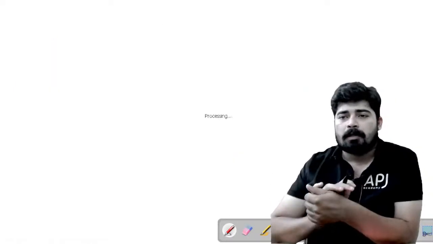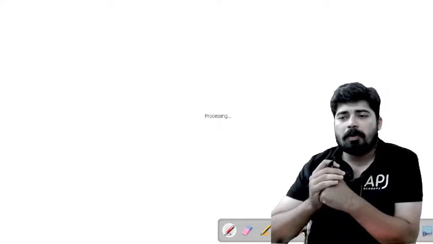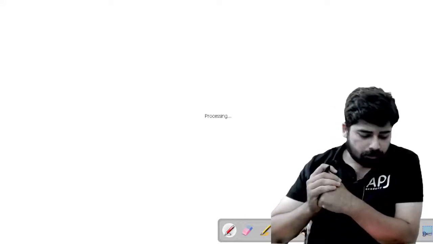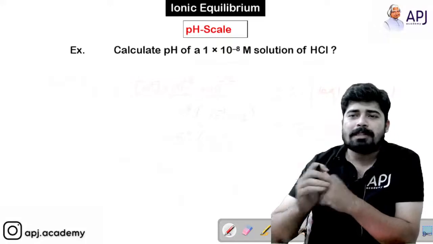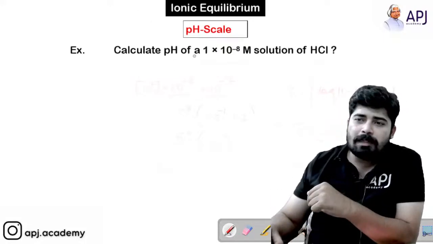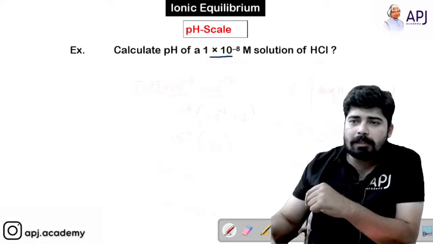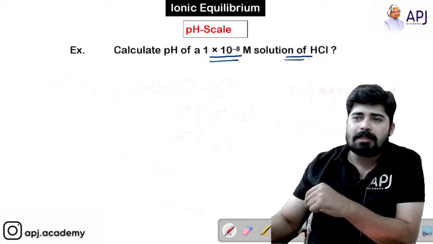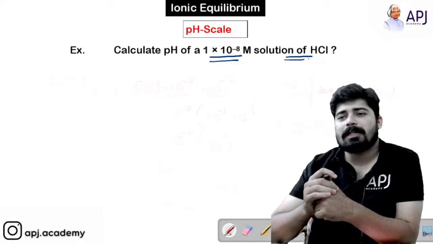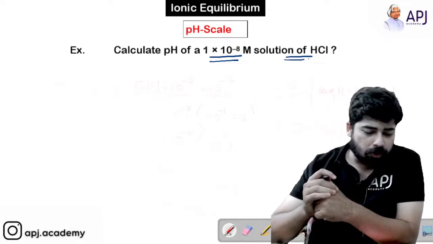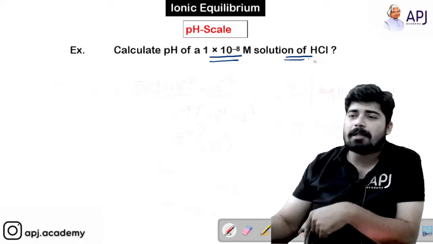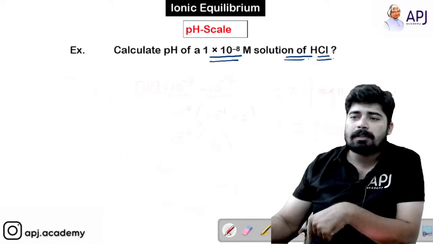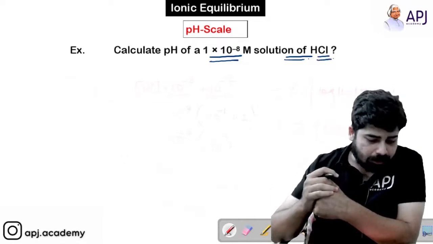Okay, now here we are going to do an important question. See students, calculate the pH of a 1 into 10 raised to minus 8 molar solution of HCl. So it is a 1 into 10 raised to minus 8 molar solution, and you are given a compound that is acidic. It is HCl.